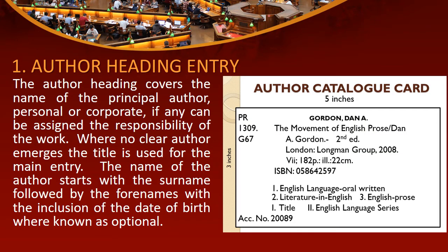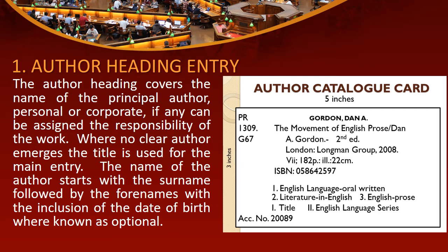Author heading entry. The author heading covers the name of the principal author, personal or corporate, if any can be assigned the responsibility of the work. Where there is no clear author, the title of the work is used. For instance, the title of this work now is The Movement of English Prose.